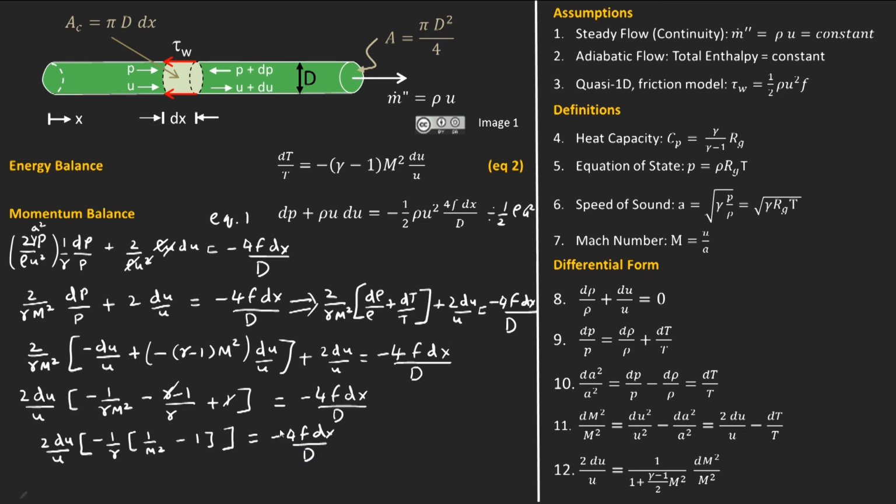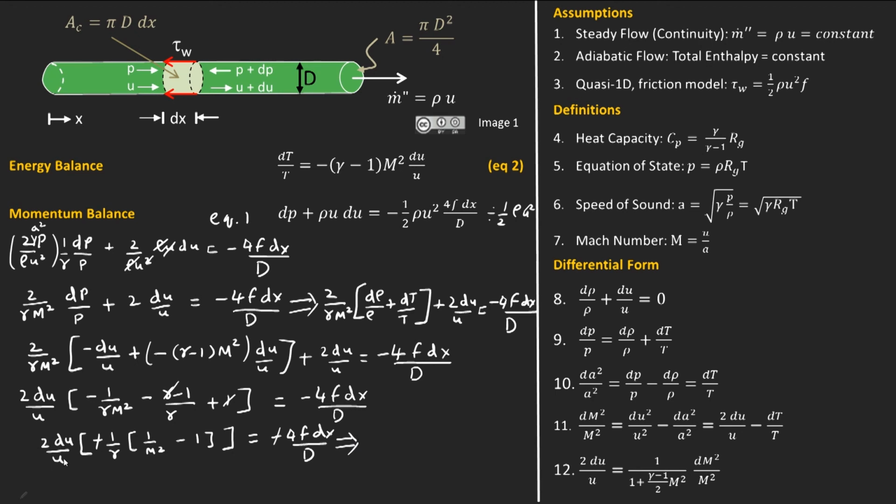Let's cancel the minus signs on both sides so that we can group this and write this whole term after further simplification as, before we do that, let me actually point out that the next step is going to be to substitute 2 times du over u using this term here. And I'll let you work out this last bit of algebra on your own.